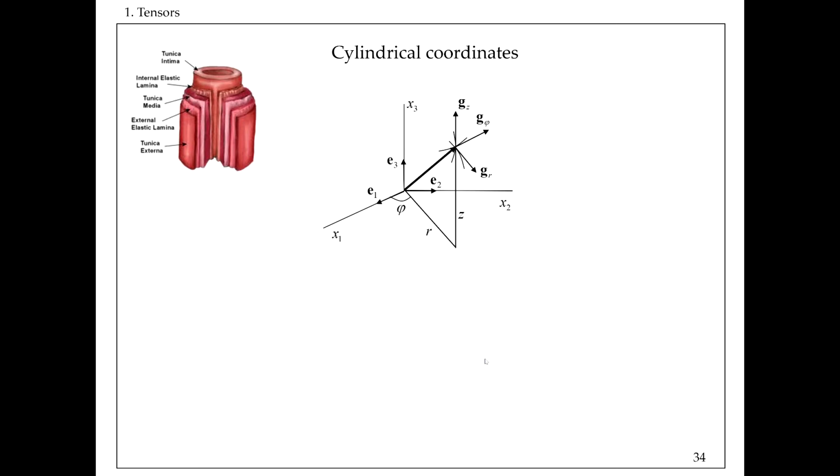And again, here is an example close to our topic of soft materials: the arterial walls, which will be more convenient to deal with using the cylindrical coordinate system.